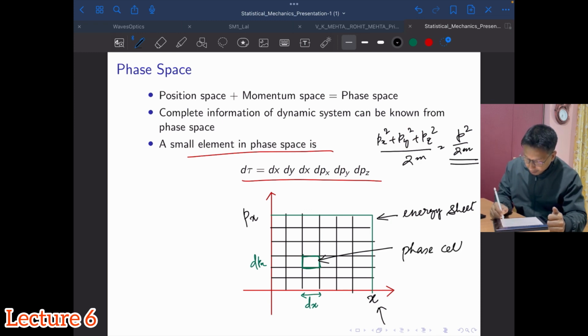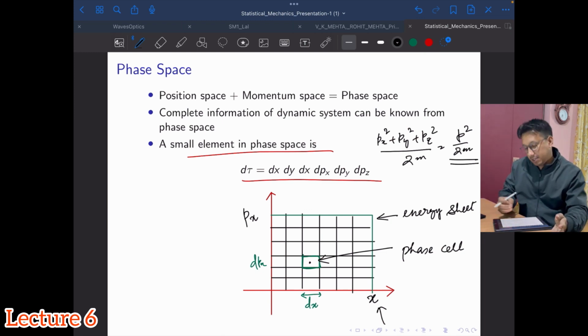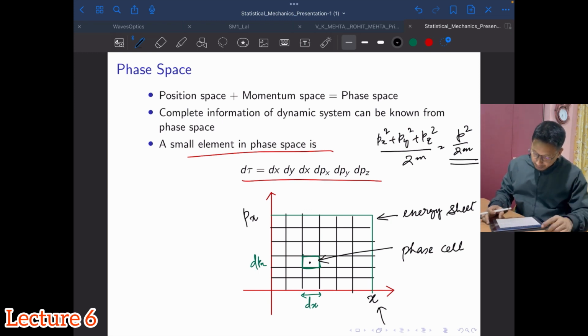Now the point within this phase cell represents the state of a system. If the system moves, this phase point will move in this energy sheet, if there is a change in the x and px values of the system. From the classical point of view, the area of this smallest element, the phase cell, can be reduced to 0.